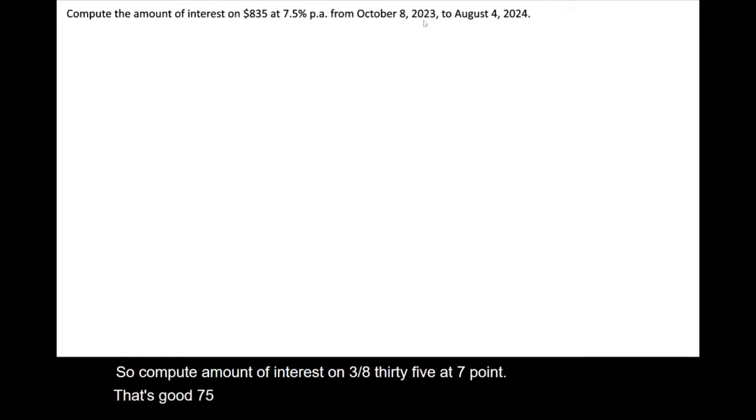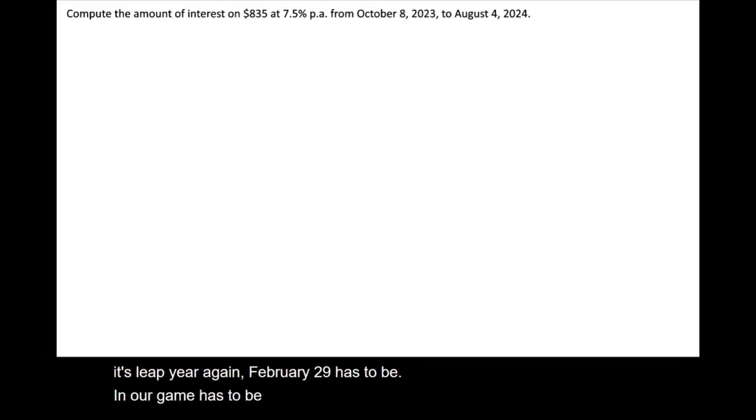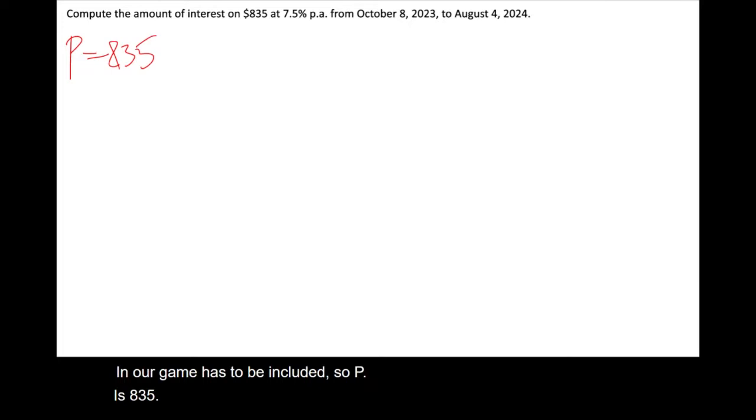Very good. So compute the amount of interest on 835 at 7.5% P from October 8, 2023 to August 4, 2024. So again, 2024, it's a leap year. Again, February 29 has to be included. So P is 835. Interest rate is 7.5%.